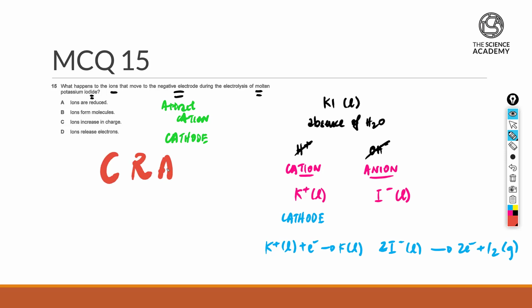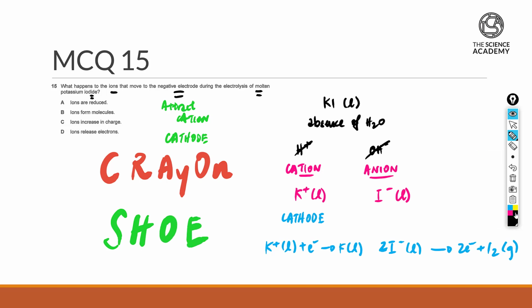So crayon is often used in conjunction together with shoe. So for the case of crayon, we're looking for cathode, for C, R for reduction, A for anode, and O for oxidation.